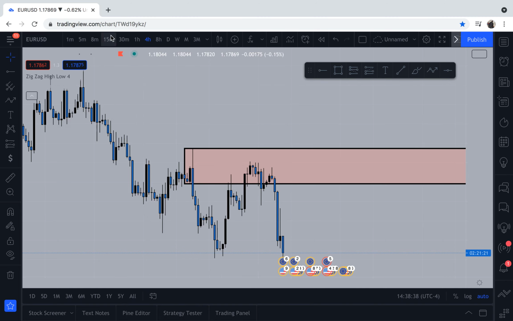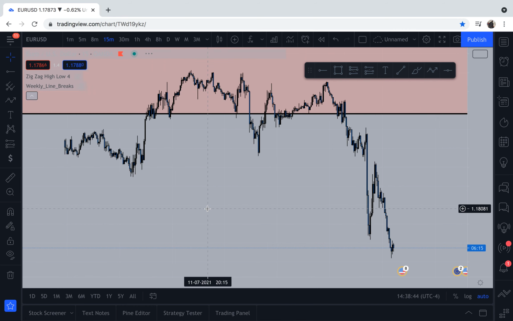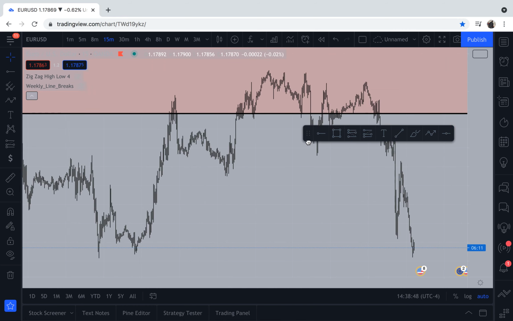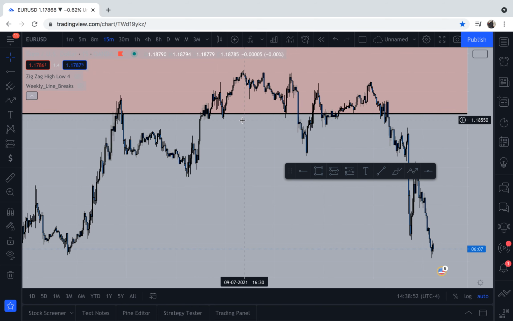Again, this is hindsight. We drop down to then find some kind of confirmation in the form of liquidity, order blocks, institutional moves.